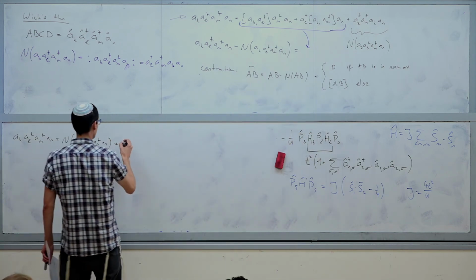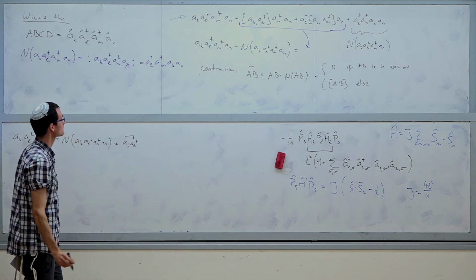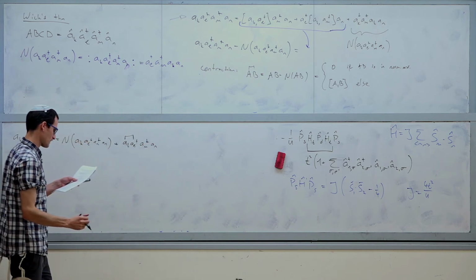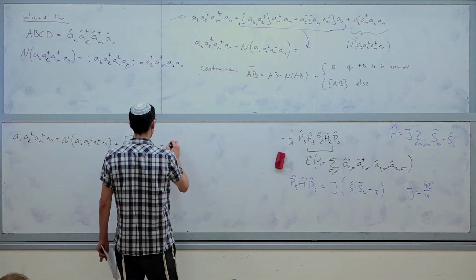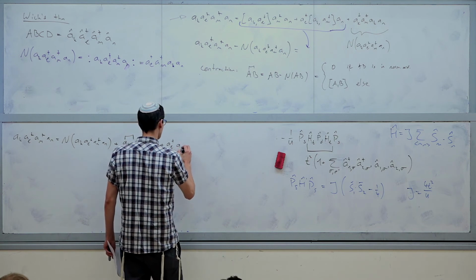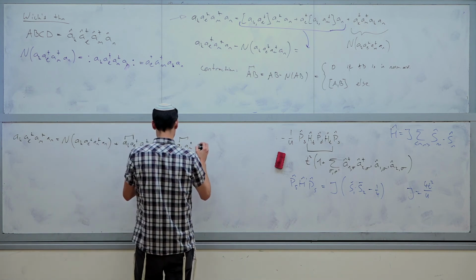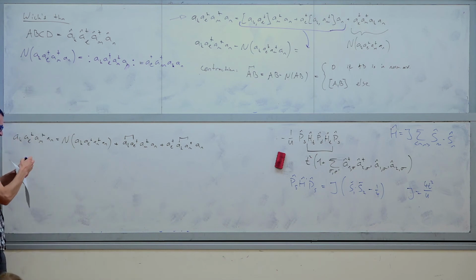So this is plus AK AL dagger contracted times AM dagger AN. And one more, that's AL dagger AK AM dagger contracted times AN. Now, the contraction is the commutator, which is equal to a number, 0 or 1.